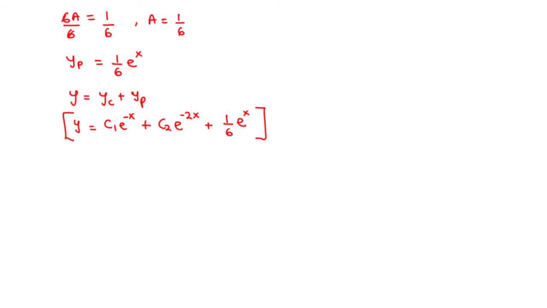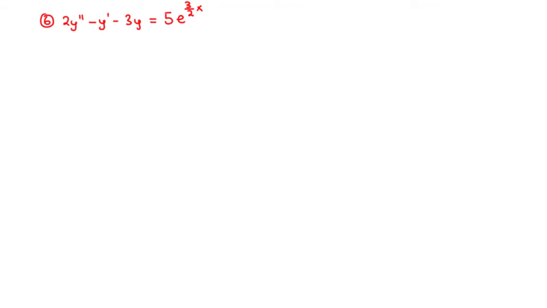So now let's move on as we solve example 6. For example 6, we have the differential equation 2y prime prime minus y prime minus 3y equals 5 times e to the power 3 over 2 times x. So let's try to solve this differential equation.